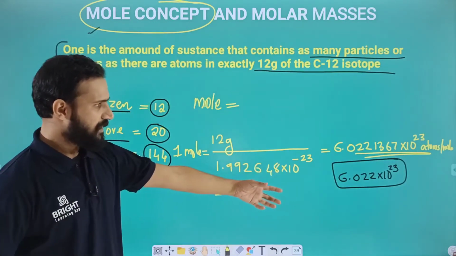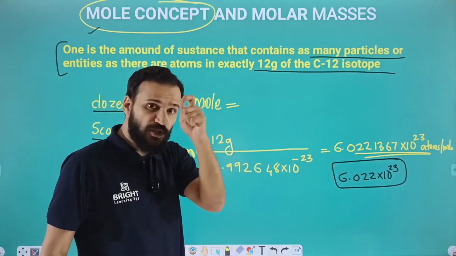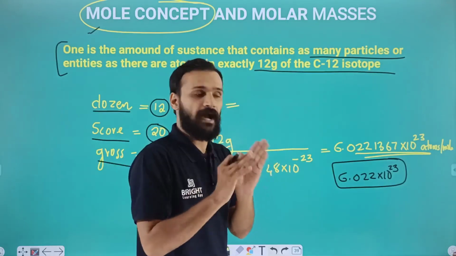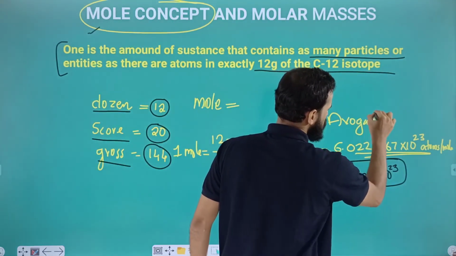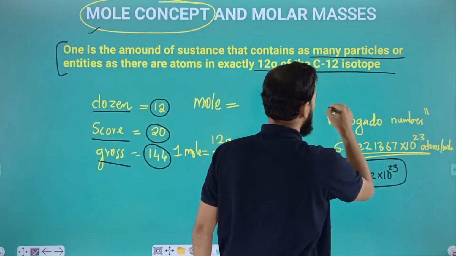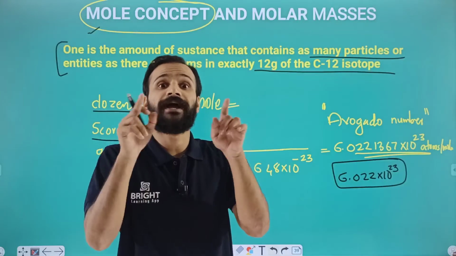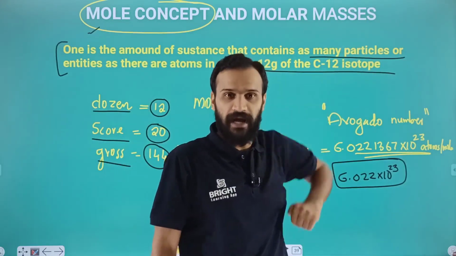As I mentioned in between the discussion, this number is also called the Avogadro number. Either Avogadro number or Avogadro constant, we can use both.